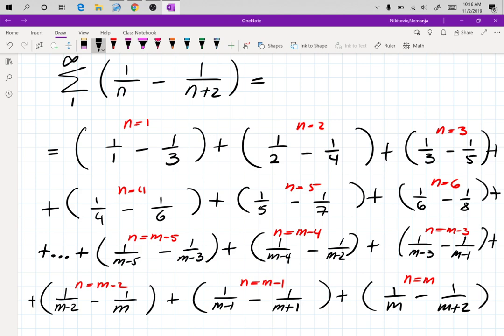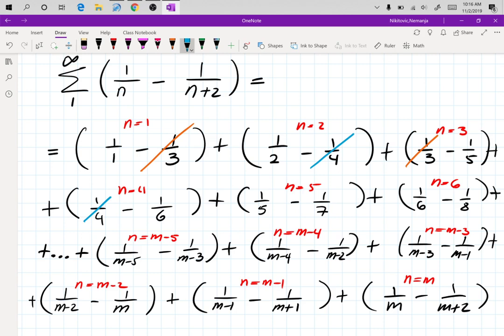So now what I'm going to do is just cancel. Do you see how many terms cancel? Do I have negative 1/3 and positive 1/3? Negative 1/3 and positive 1/3. Gone. Blue pair. Negative quarter and a positive quarter.